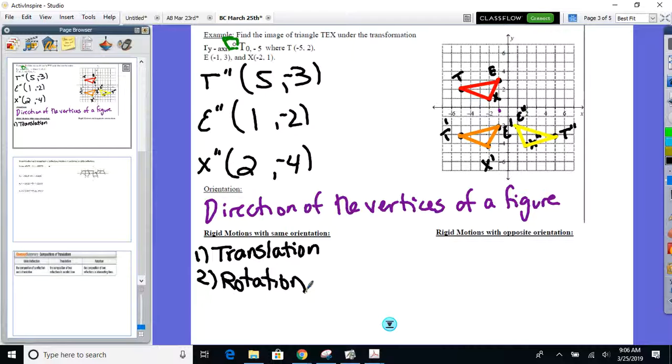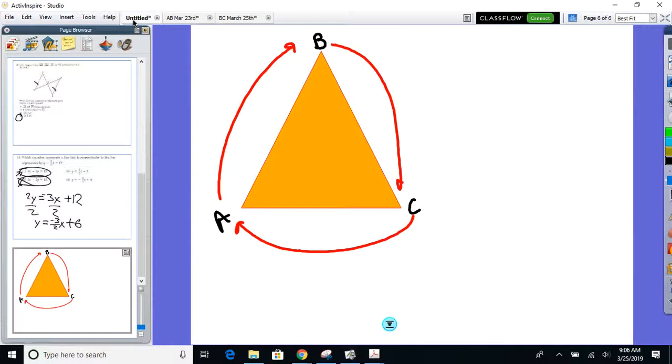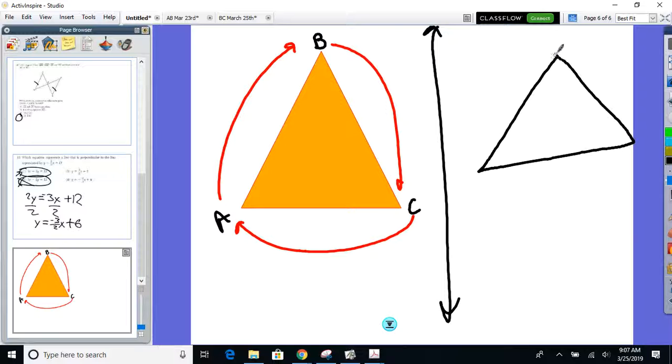Let's go to this next one. Reflection. If I reflected the figure and went ABC, would I still be going clockwise? Well, let's take a gander here. I'll just do this random line here. I know, very professional. Let's say I reflected it over this line. Here's B prime. What's this one?